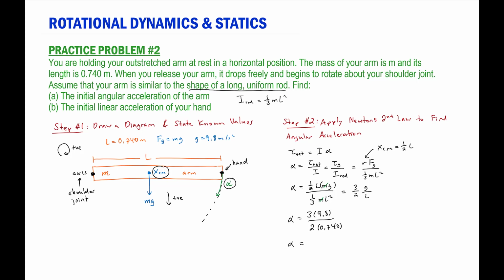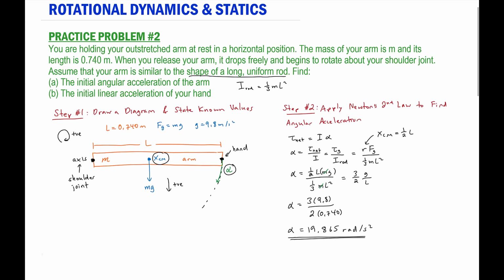Alpha is equal to 19.865 radians per second squared. Okay, so that answers part A, the initial angular acceleration of the arm.